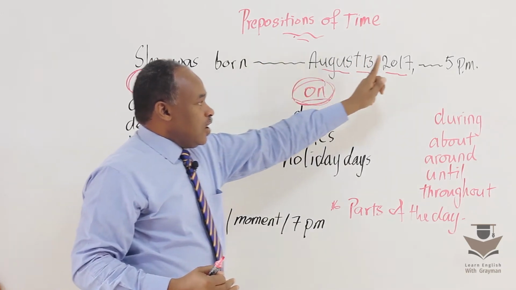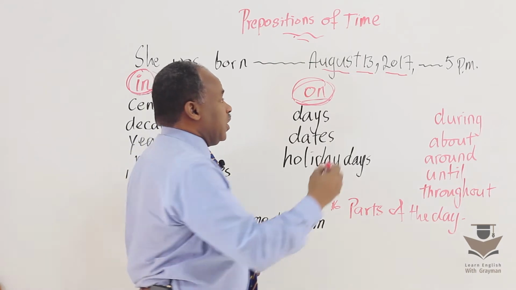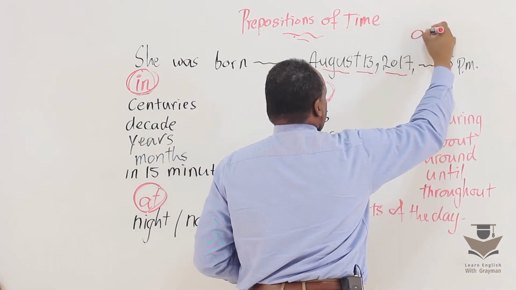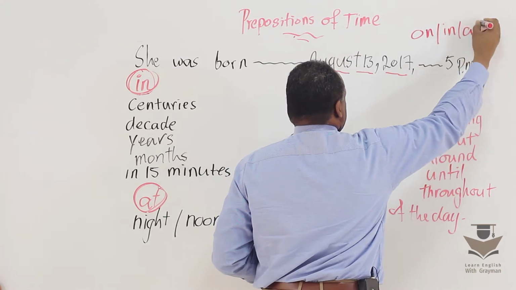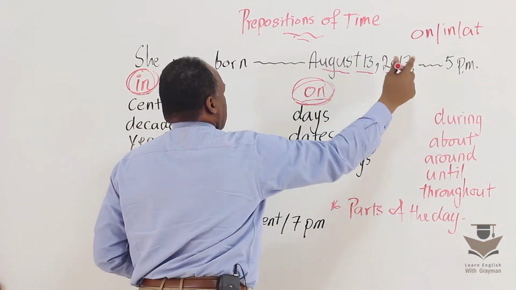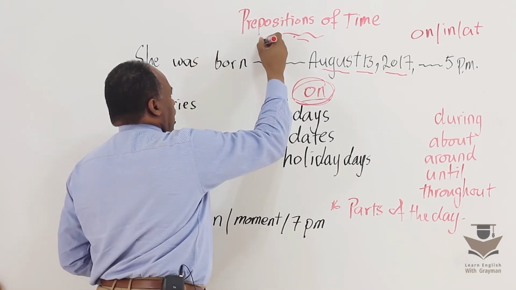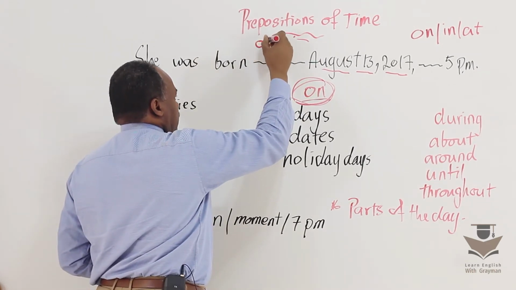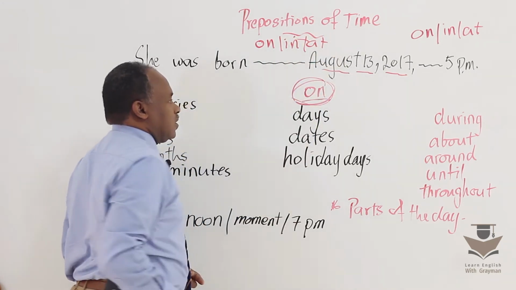One here and one goes there. The choices that I'm going to give you are either on, in, or at. It takes only one. Also here, in or on, in or at.